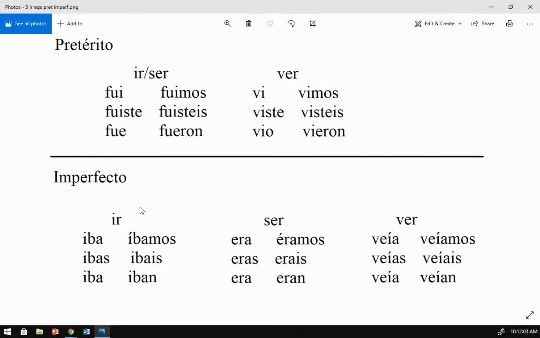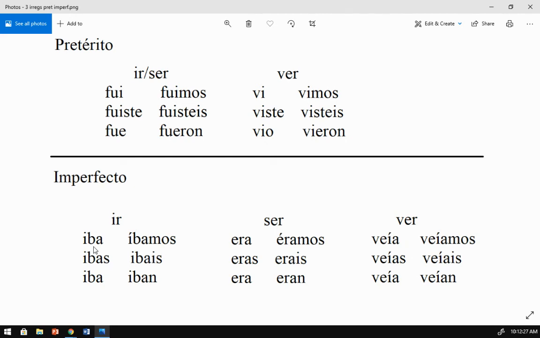Now, with the imperfect tense, in the entire Spanish language, ir, ser, and ver are the only irregular verbs. Nothing else. No stem changers, nothing. Just these three. So ir turns into iba. So like yo iba a Publix could mean I was going to Publix, I used to go to Publix.